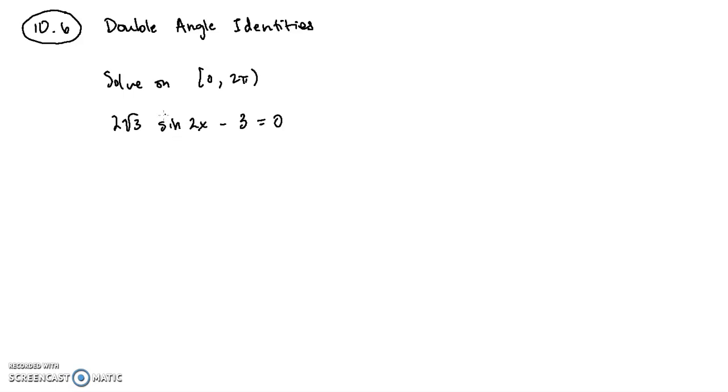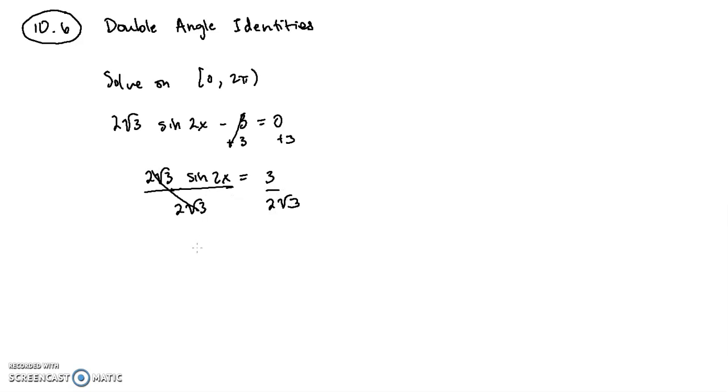So we want to get the sine by itself. The double angle in here doesn't matter. Remember, we're looking for the shape of the equation like we were before. We've got number times function of x, number, 0. So we're trying to get the sine by itself. It kind of solves like a linear. Divide by 2 square root of 3, divide by 2 square root of 3.